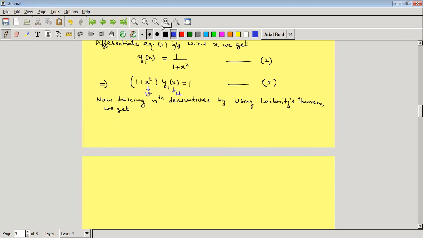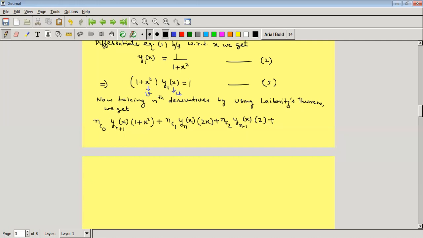Applying Leibnitz's theorem, we get nC0 y1 n-time derivative. Since y is already differentiated one time, when we differentiate this n times, we get y(n plus 1)(x), and the second function v as it is, 1 plus x square, plus nC1 y(n minus 1) times derivative, that is yn, and the derivative of 1 plus x square is 2x, plus nC2 y(n minus 2) times derivative, so we get y(n minus 1)(x), and the derivative of 2x is 2.